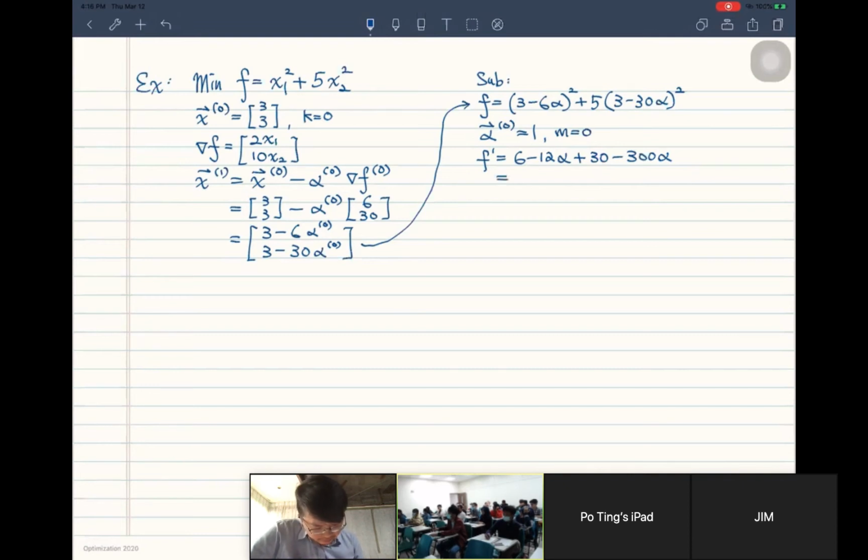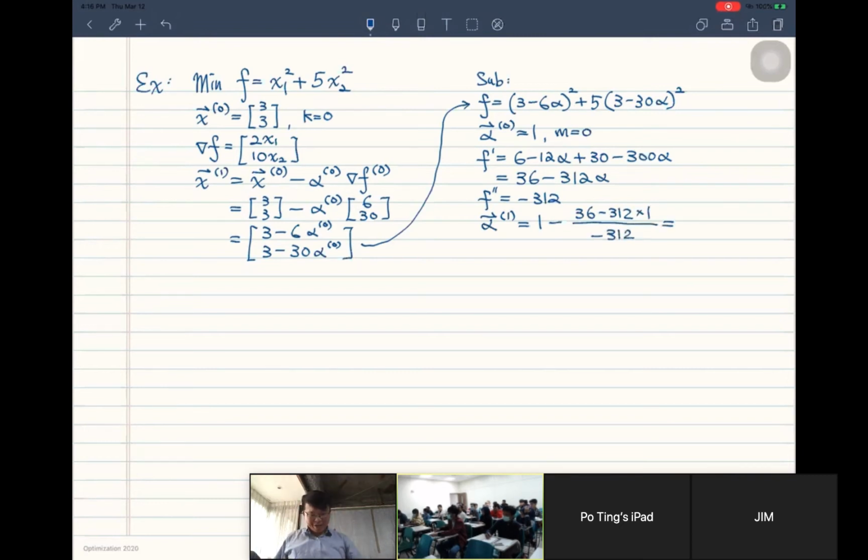And this will give me 36 minus 312 alpha. So my f double prime will be minus 312. Okay, so 1D Newton tells me I should have 1 minus (36 minus 312 times my initial guess 1) over minus 312.